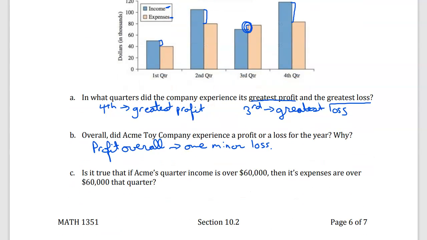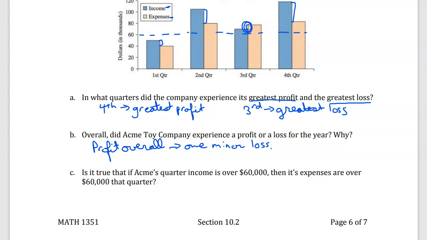Is it true that if Acme's quarter income is over $60,000, then its expenses are over $60,000 for that quarter?